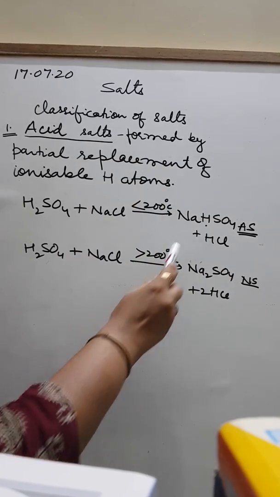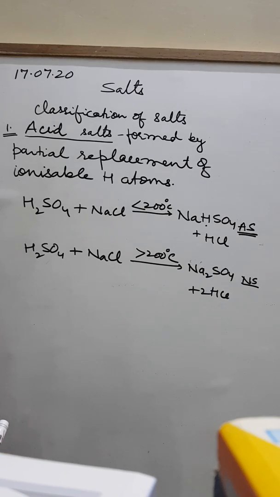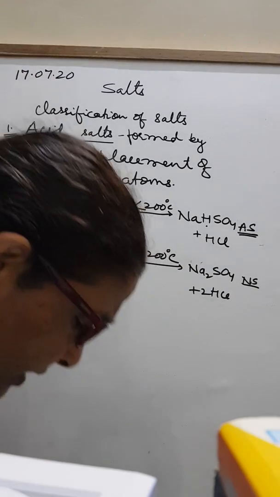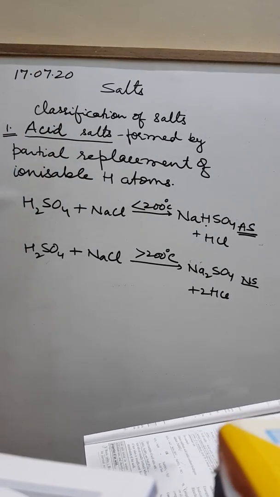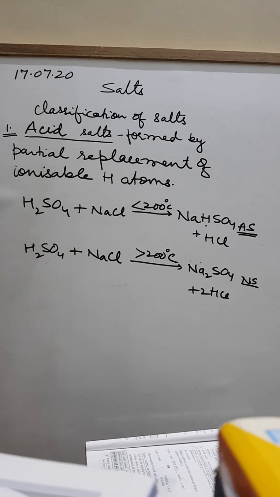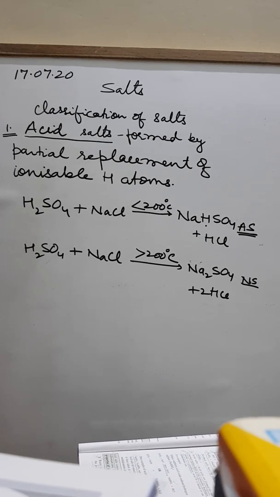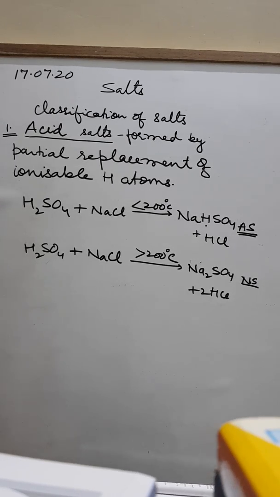When dissolved in water, they furnish this H plus and hence show properties similar to acids. That's what they are saying. Acid salts ionize in water solution to give hydronium ions, and therefore they show all the properties of an acid. Hope this point is clear to you.